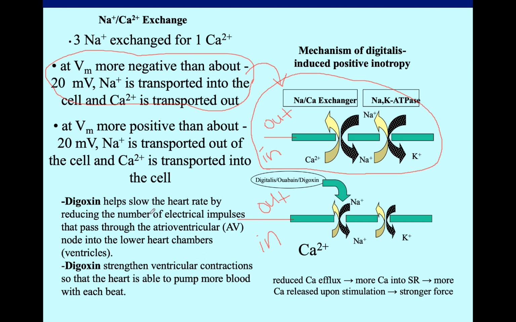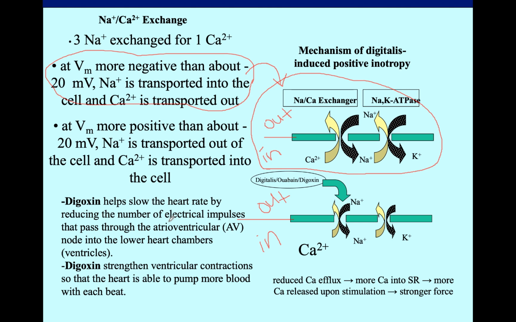Medications like digoxin slow a patient's heart rate down because they're able to not completely block electrical impulses, but simply reduce the number of electrical impulses that travel from the AV node down the ventricular septum towards the Purkinje fibers.